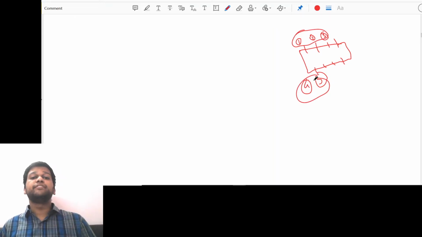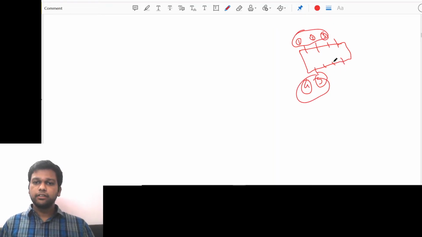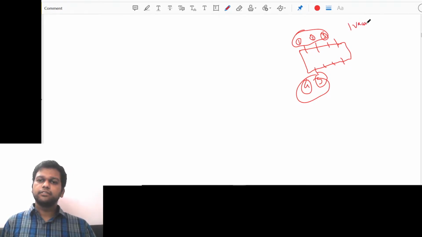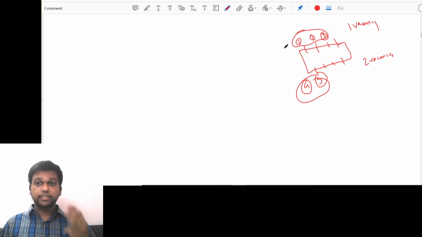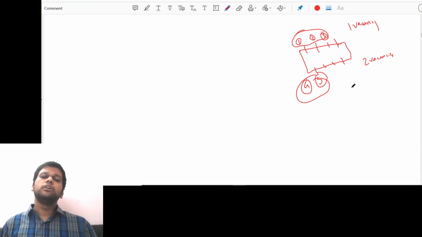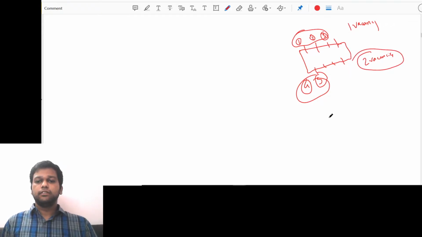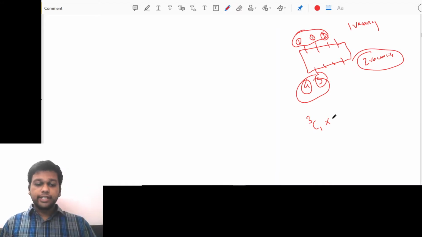How many people are left? How many people are not yet selected? See, on this side there is 1 vacancy. On this side there are 2 vacancies. Fine. And there are 3 people left. 5 people have already been arranged, 3 people are left. So out of those 3 people, we can select 2 people for this side. So that will be 3C1 and 3C2.